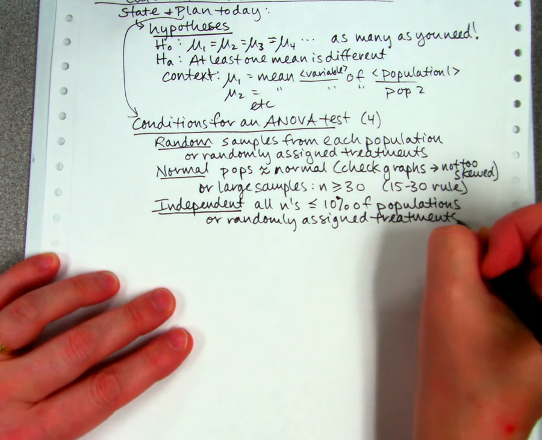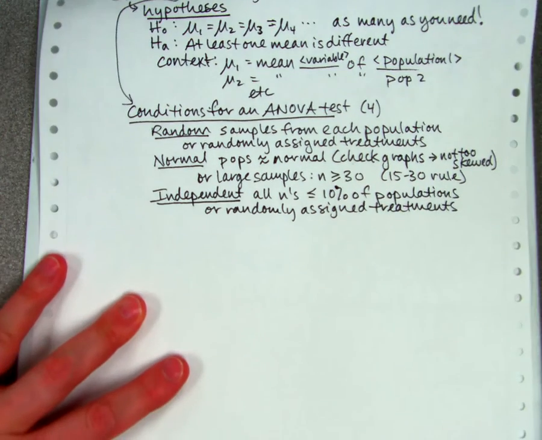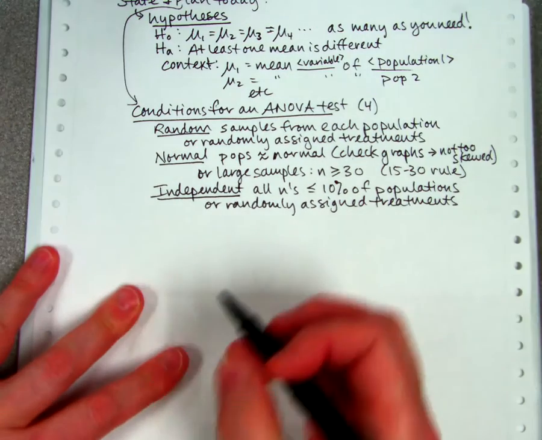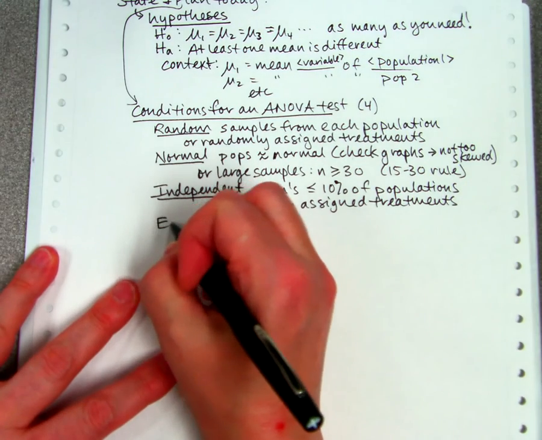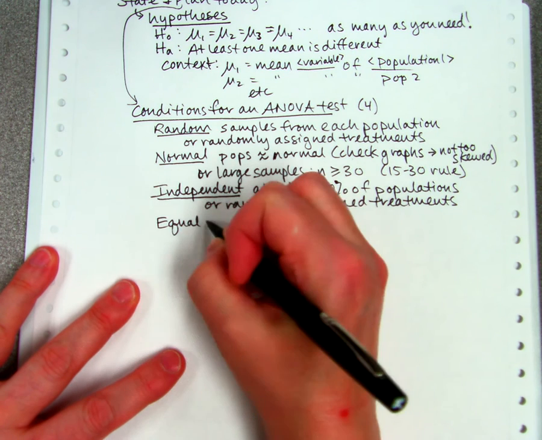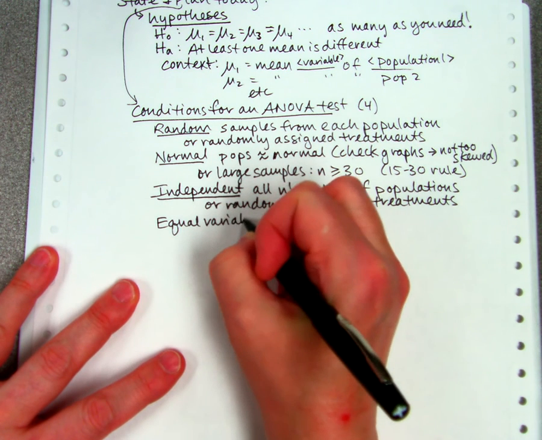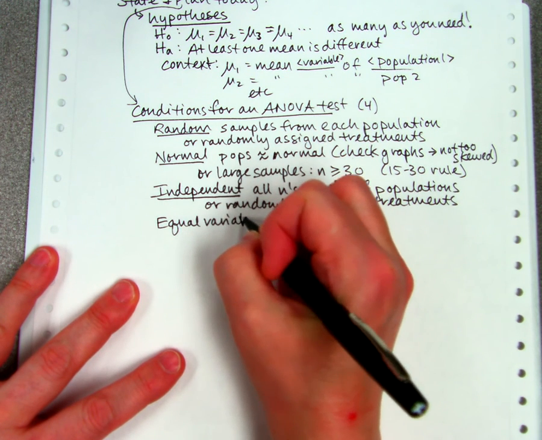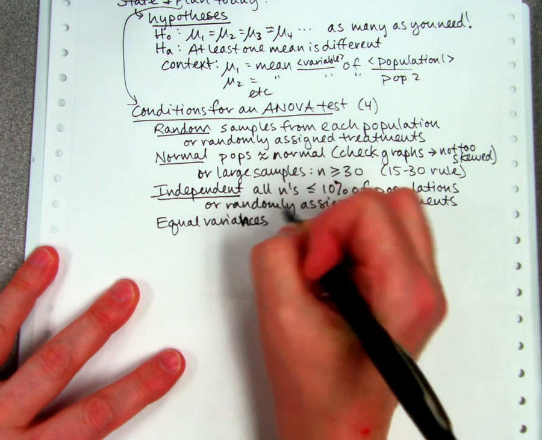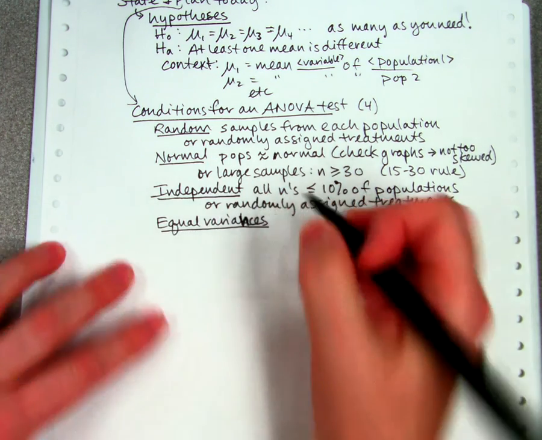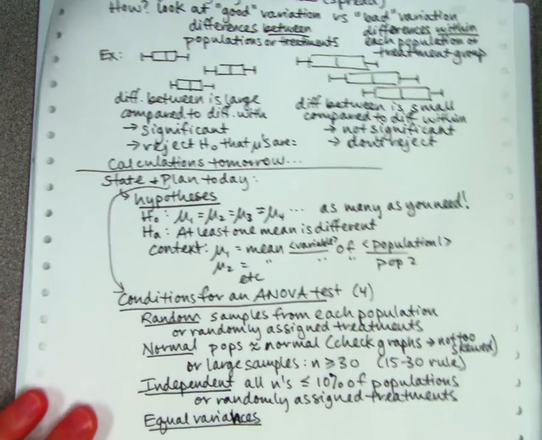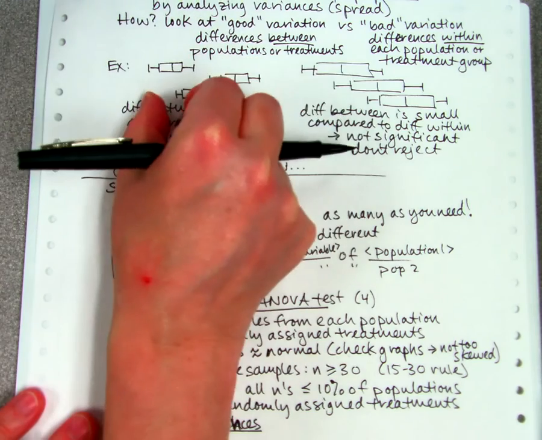The fourth one will remind you of the slope chapter, because the fourth one is equal variances. And we've seen that before in slope land, and here it is again. Interesting that we're testing using variances, and that test really only works if the variances are about the same. So these box plots are all about the same spread.